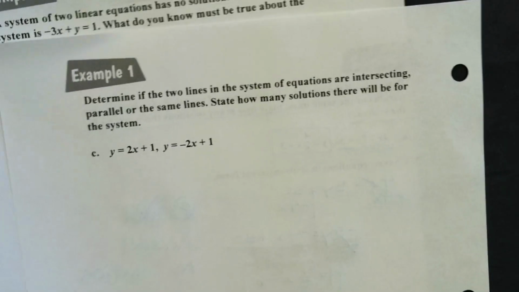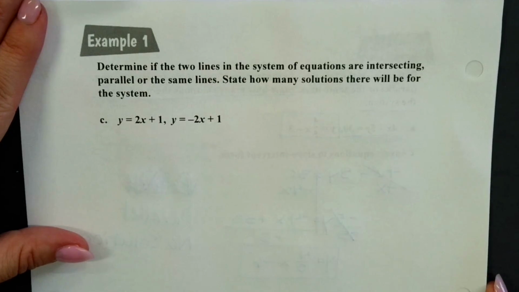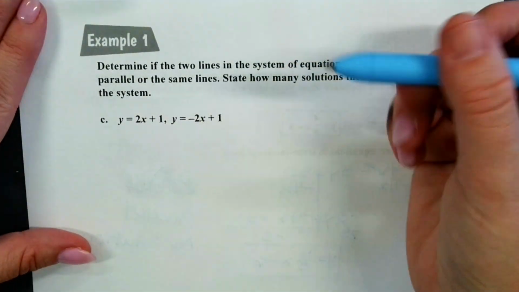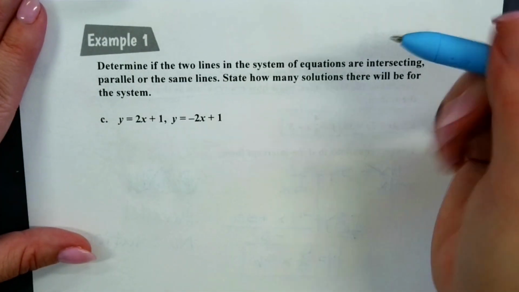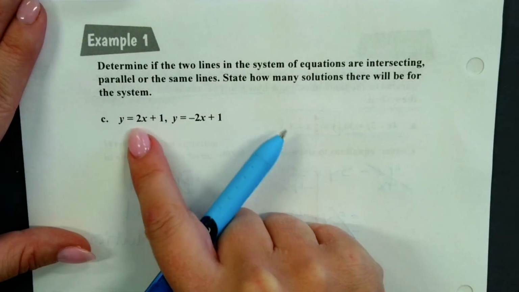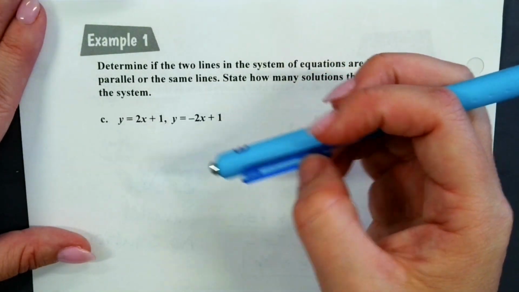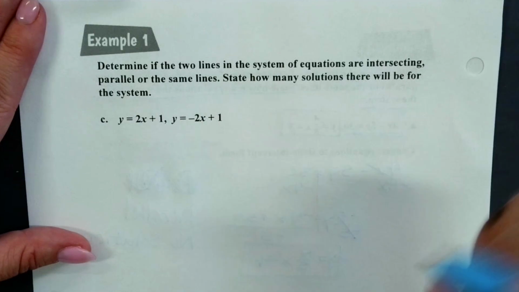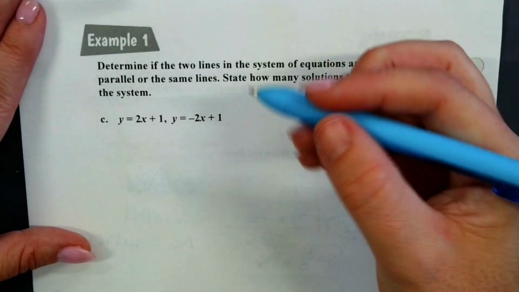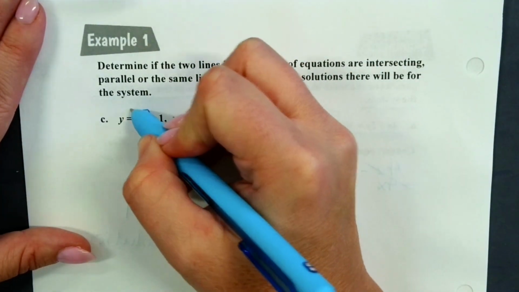Let's go ahead and go on to the next one. Okay. Now, they were nice here. What'd they do? They already gave it to you in what? Slope-intercept. So let's just start comparing.